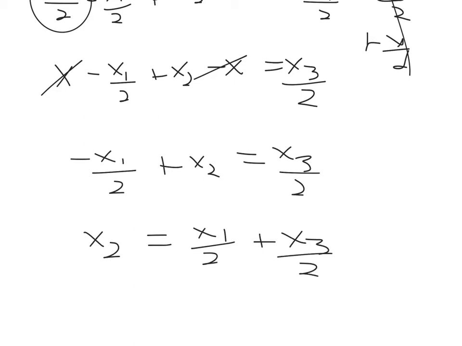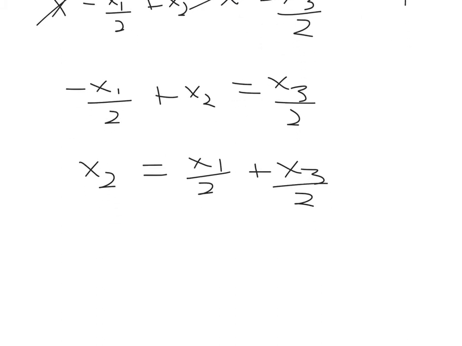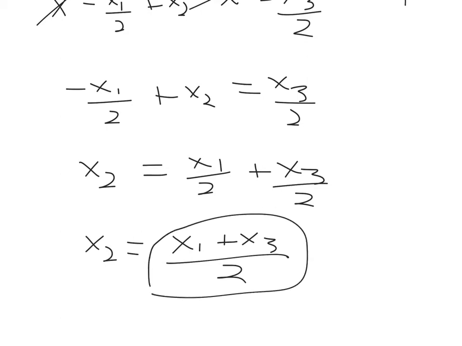And you could actually say those have the same denominator, so as a final cleanup, position 2 equals position 1 plus position 3 over 2, which is actually an average, right?